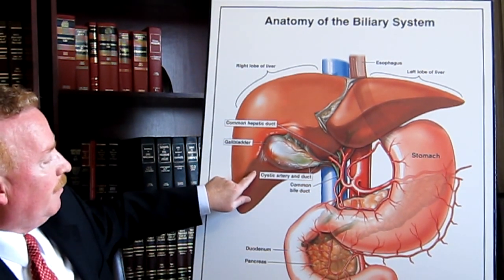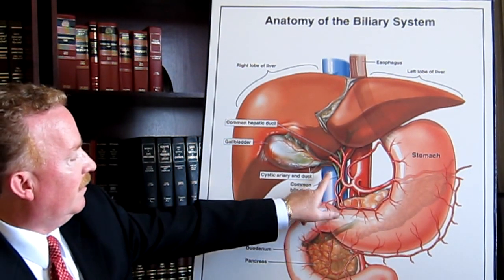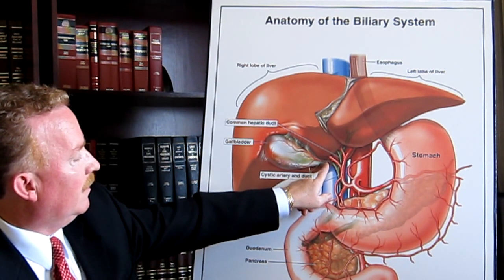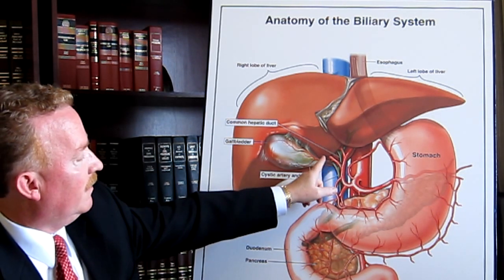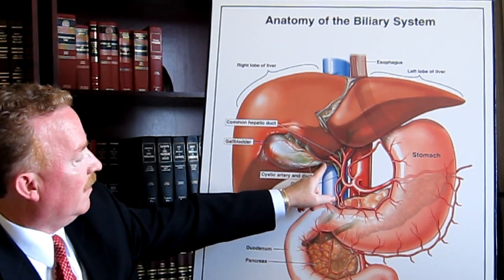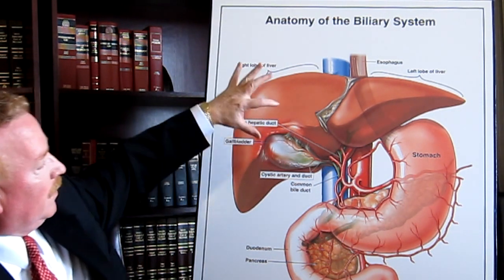During a gallbladder operation, the doctor is supposed to place a clip on the cystic duct and the cystic artery, and then cut the cystic duct and cystic artery, and then remove the gallbladder.